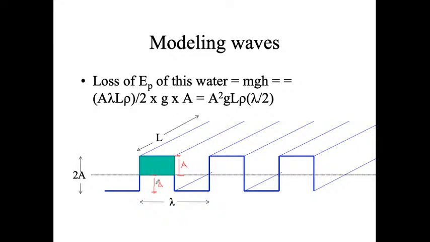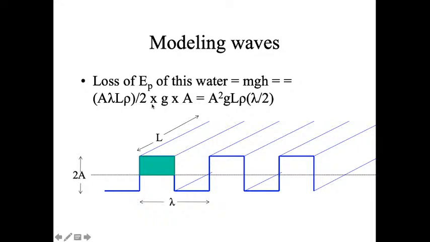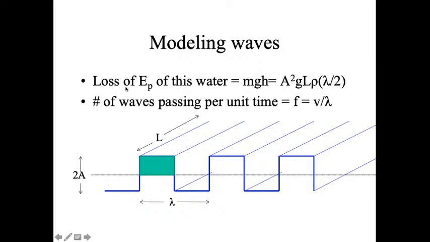So that's the height. We have the loss of gravitational potential energy, mgh. We can simplify it, right? We have now A squared, gravity's constant, length, wavelength over 2.